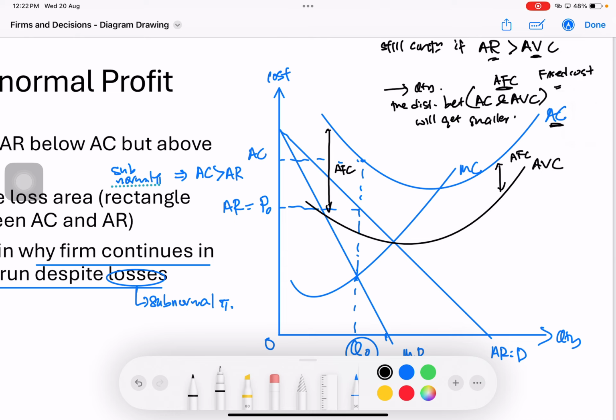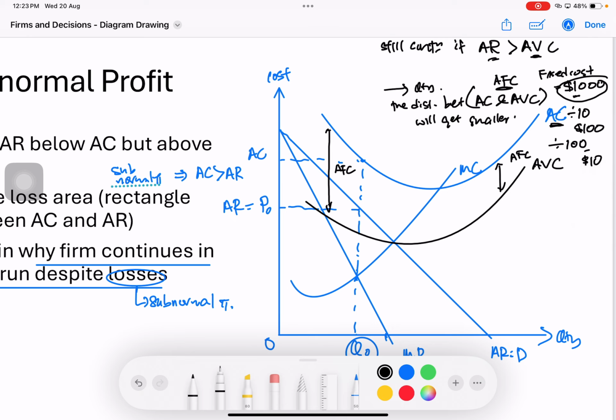So for example, a fixed cost of 1,000, if you take this divided by 10 units, it will be 100. If you take this divided by 100 units, it will be $10.